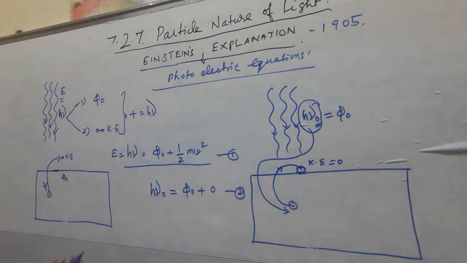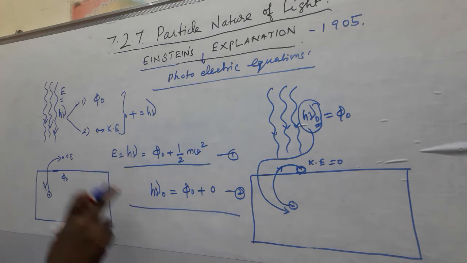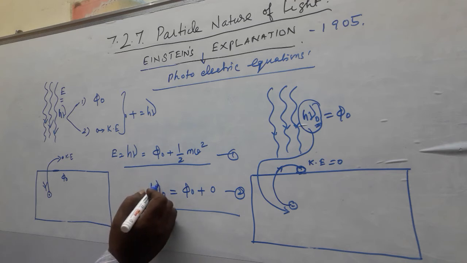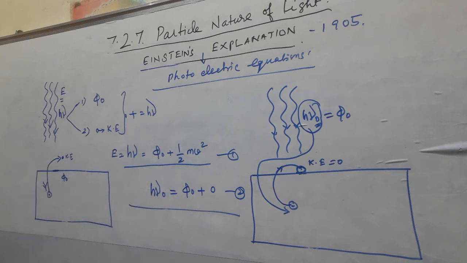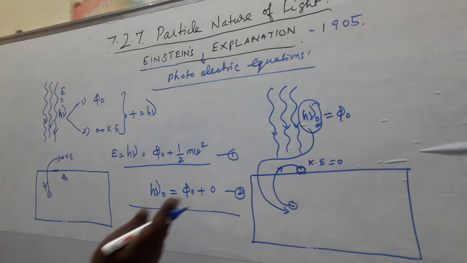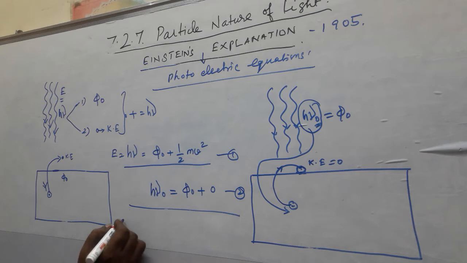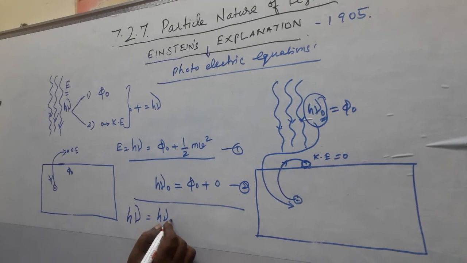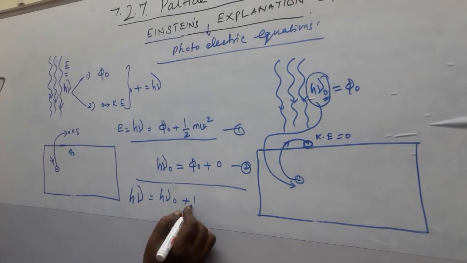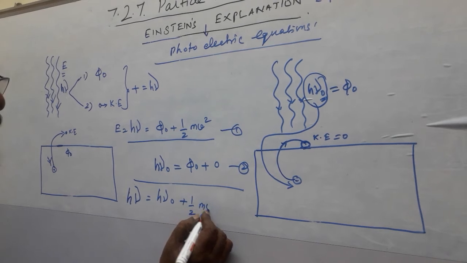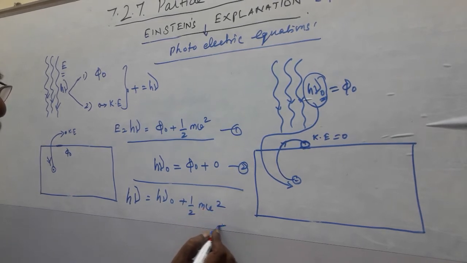Now you can understand from equations 1 and 2 that h nu naught is nothing but the work function. If you substitute equation 2 in 1, we get h nu equals h nu naught plus half m v square.